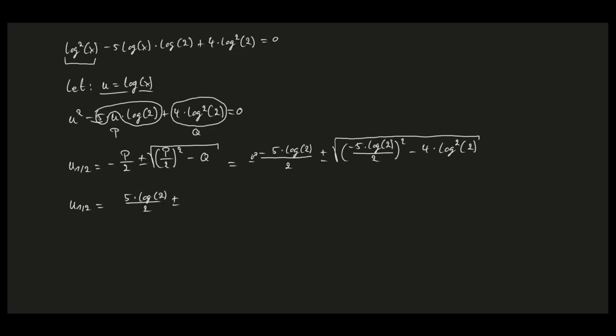This minus sign here will be a plus sign, so that we have here 25 times log raised to the power of 2 over 4 minus 4 times the logarithm raised to the power of 2, and so on, just like this here.